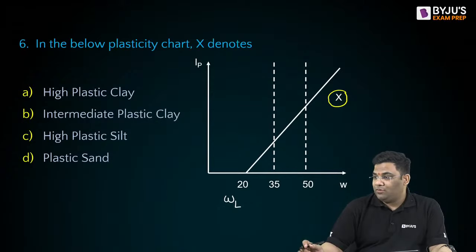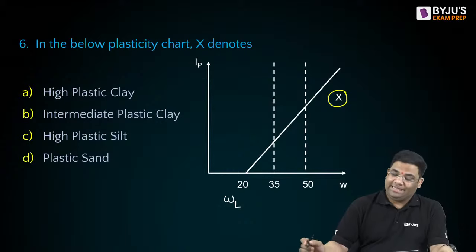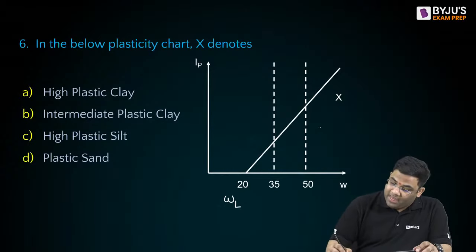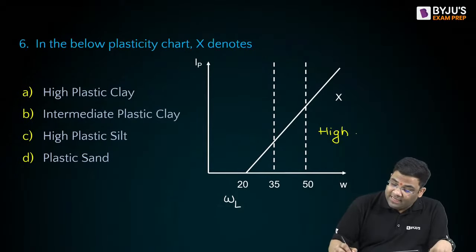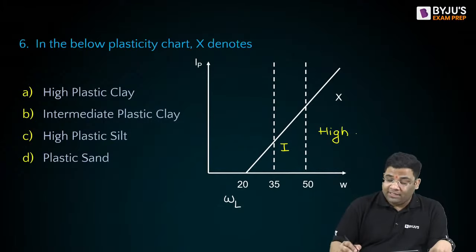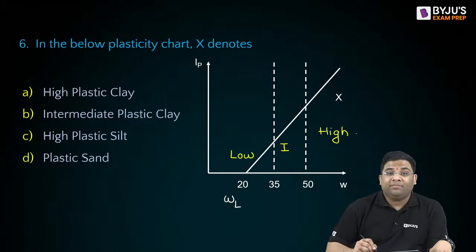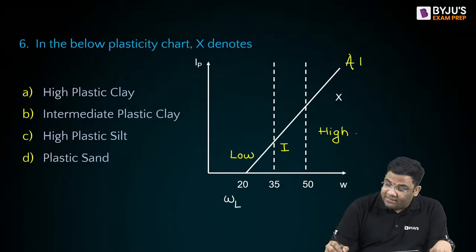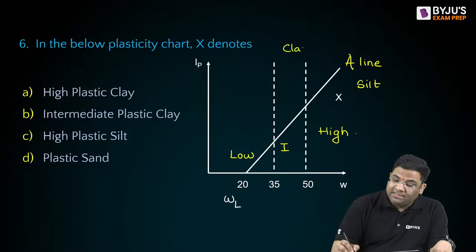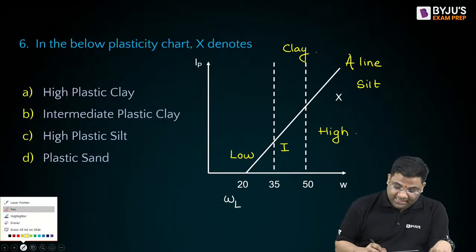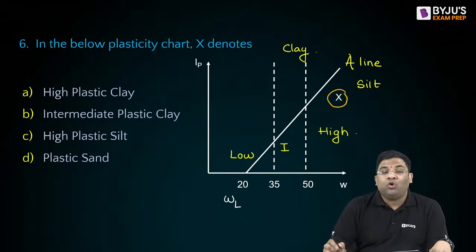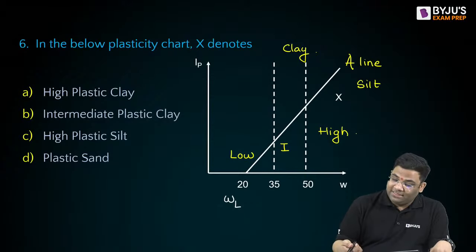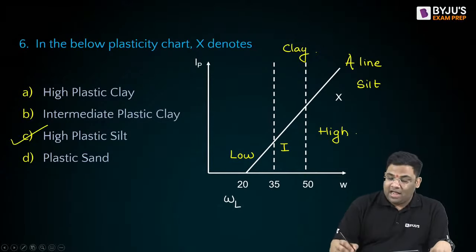Yes, it is C. Above 50 we call this high plastic, 35 to 50 intermediate plastic, and below 35 low plastic. Now, this is the A line, right? Below the A line we call this silt, and above the A line we call this clay. So this X is high plastic and it is also silt. So I can say this is high plastic silt. I am writing Y.